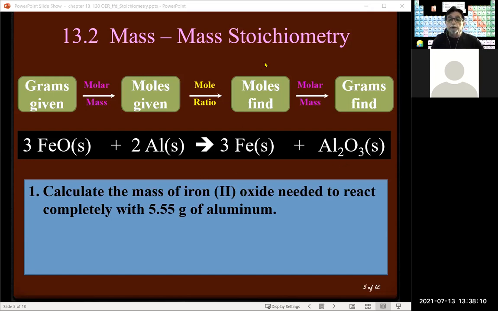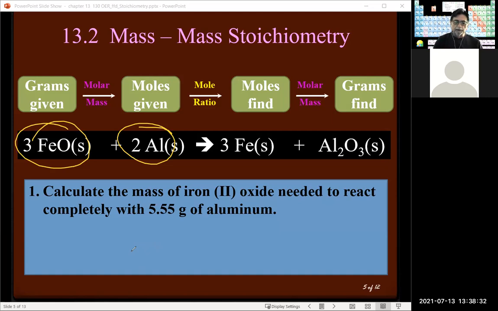All right, so we were talking about this reaction here. The question asked: calculate the mass of iron 3 oxide needed to react completely with 5.5 grams of aluminum. So our only concern is the reactants, okay?